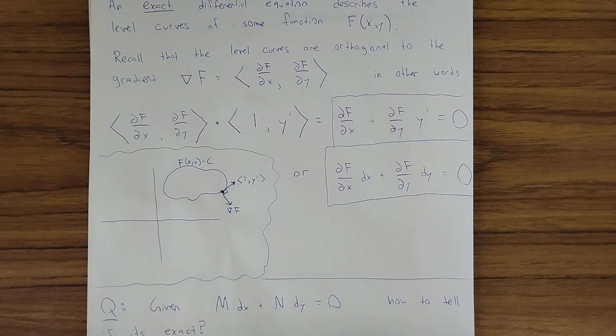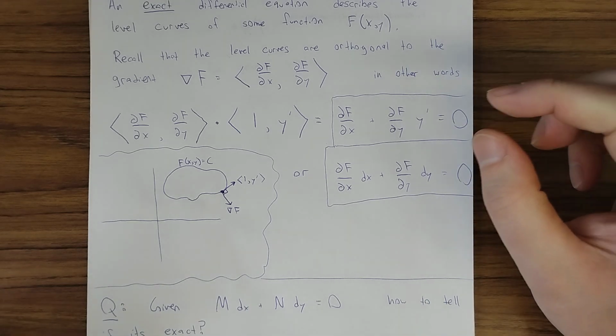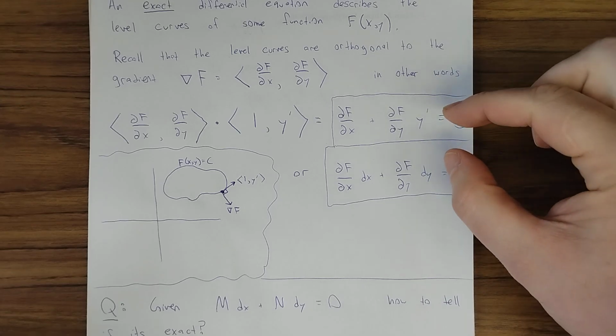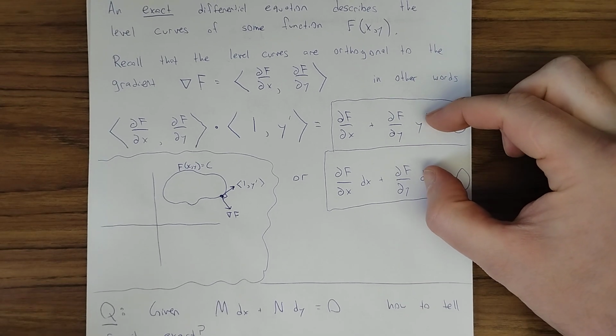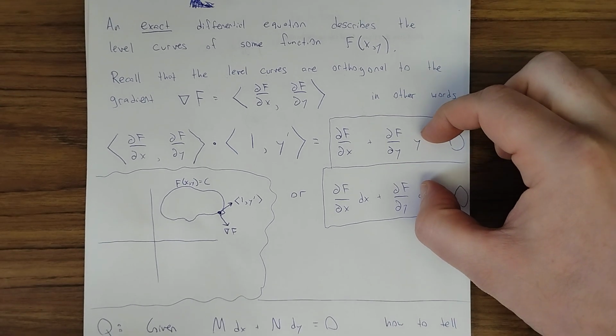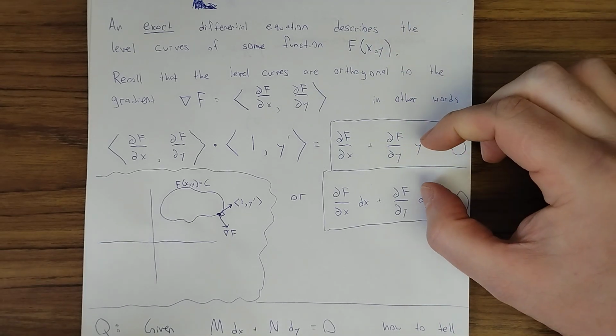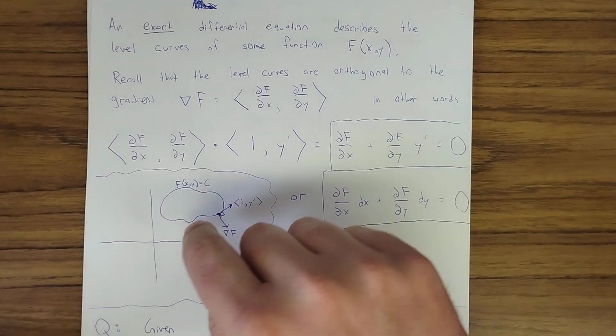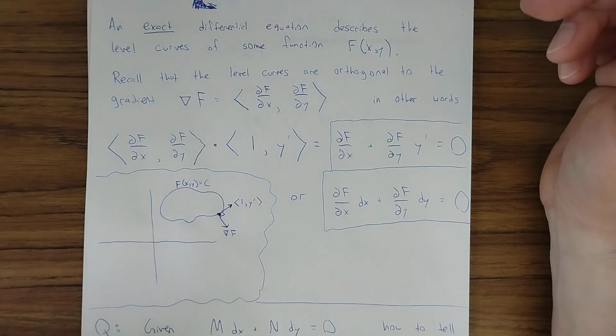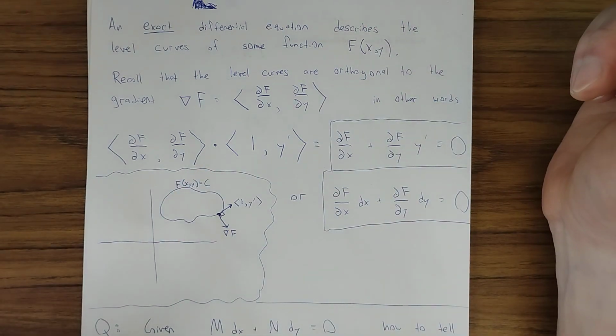Okay, so what we have to do is we have to learn how to do that backwards. We have to learn how to get something that looks like either one of these, and then figure out what the function f is, because the solution to this differential equation is going to be a level curve of this function f, whatever this function f is.